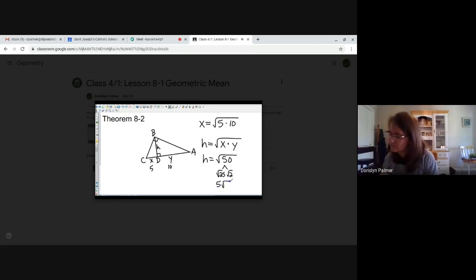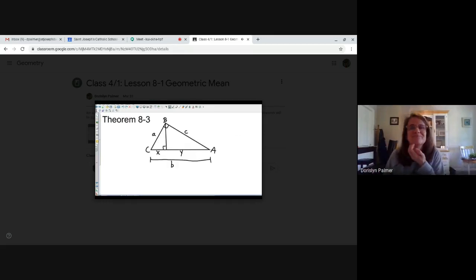So that altitude we can find is 5 square roots of 2. And that's using the side lengths of 5 and 10. Okay, so let's step on to Theorem 8-3. And then I believe we're going to wrap it up and see a good example of that.